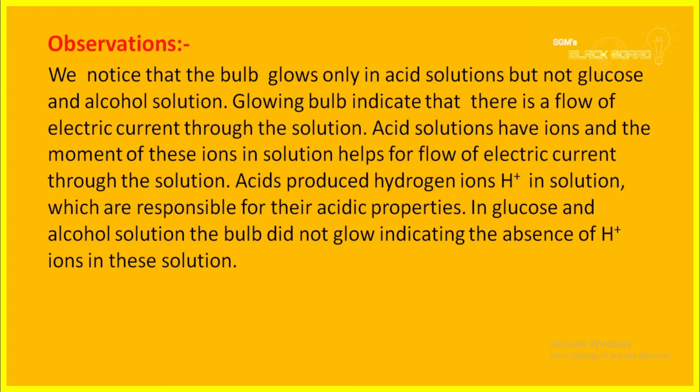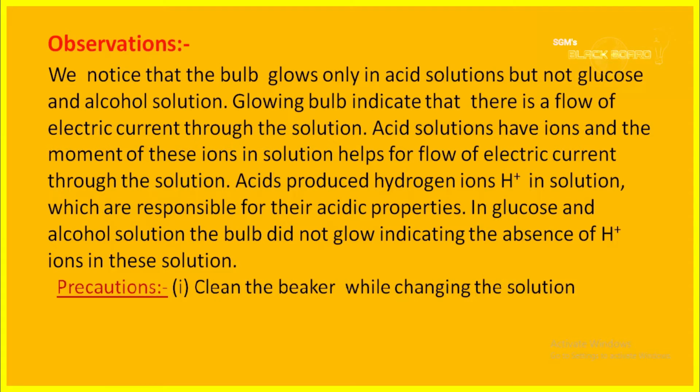Acids produce hydrogen ions, that is H+ ions, in solution, which are responsible for their acidic properties. In glucose and alcohol solutions, there are many hydrogens, but even so the bulb did not glow, which indicates there is an absence of H+ ions in these solutions.